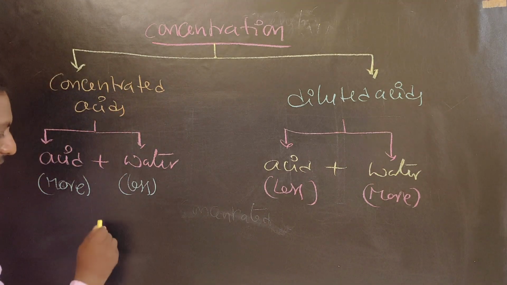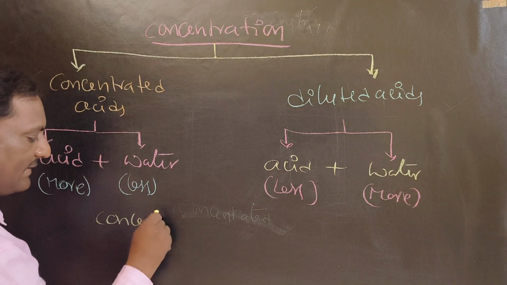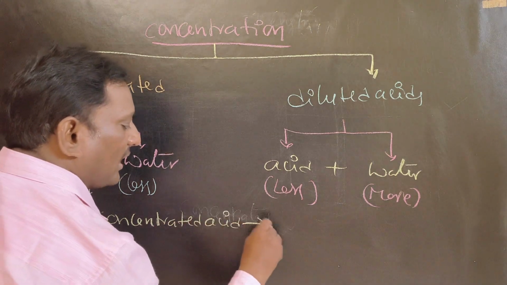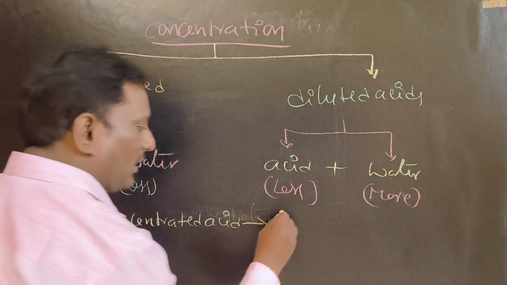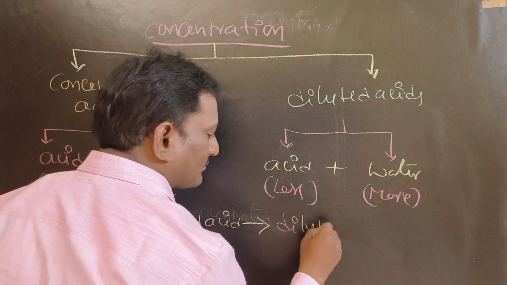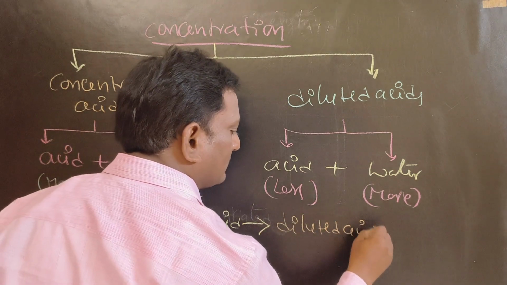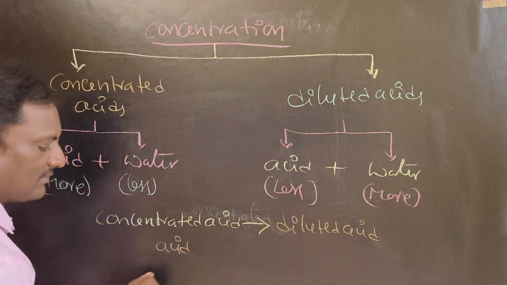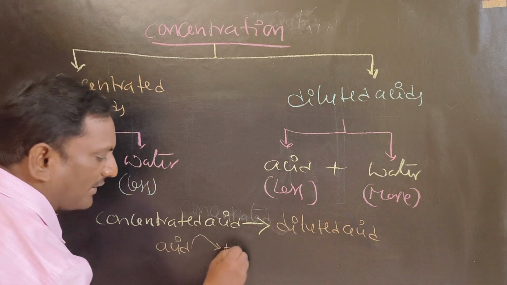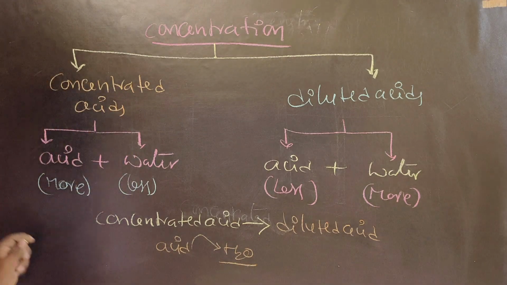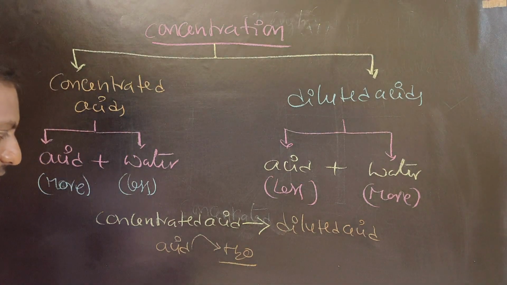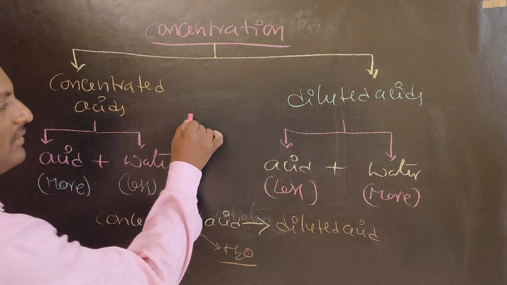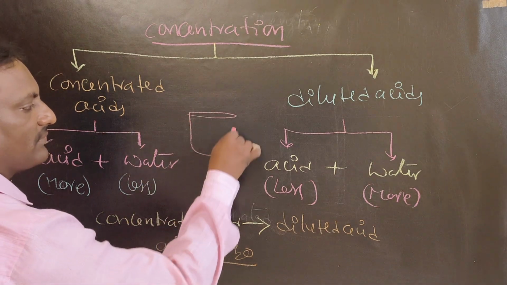Let me write here: concentrated acids are converted to diluted acids by adding acids to water. Acid to water. This is a very, very important method. Based on this, you will get a question.